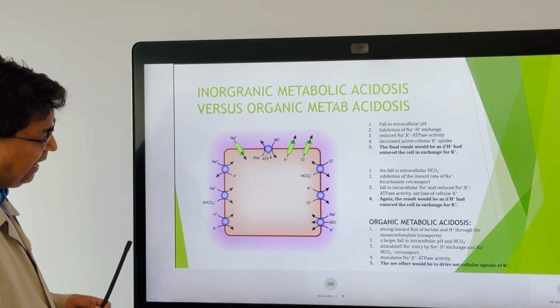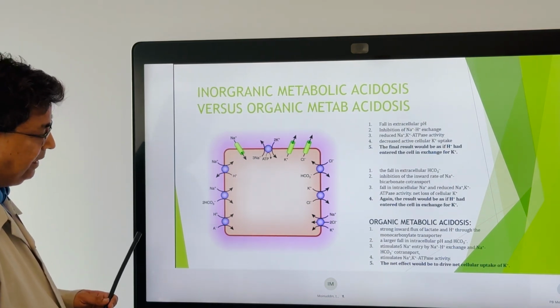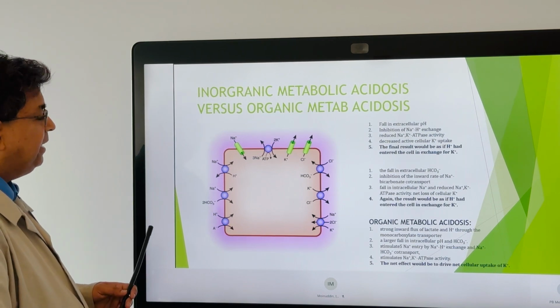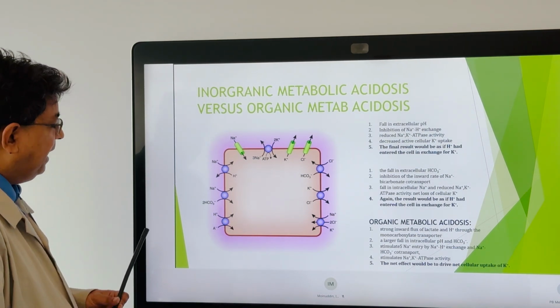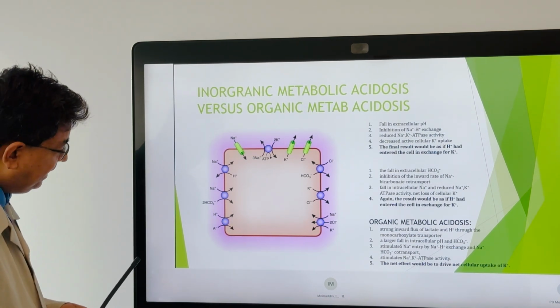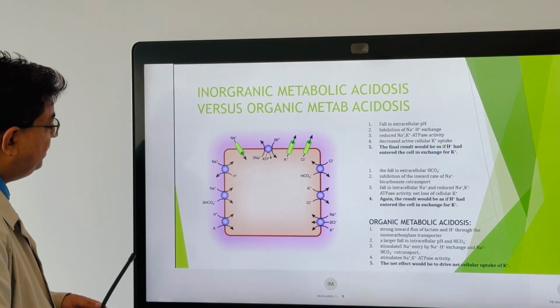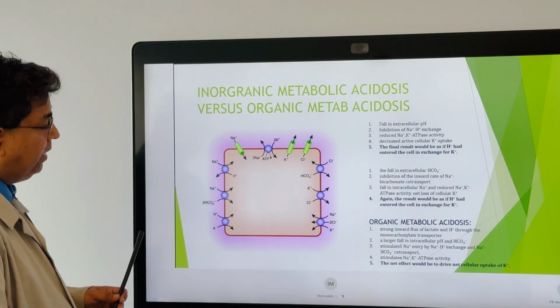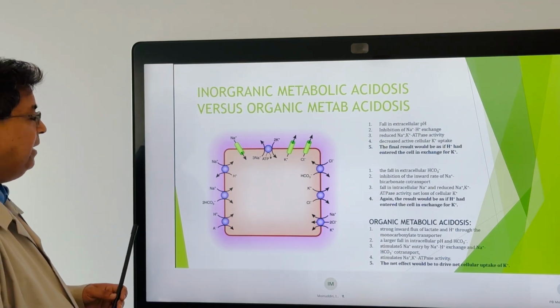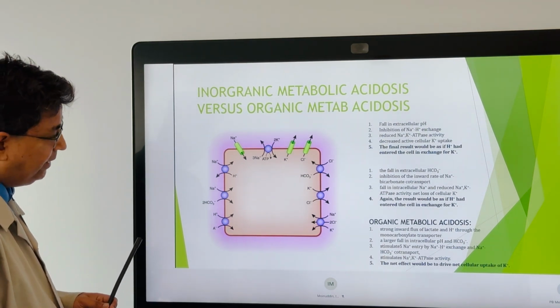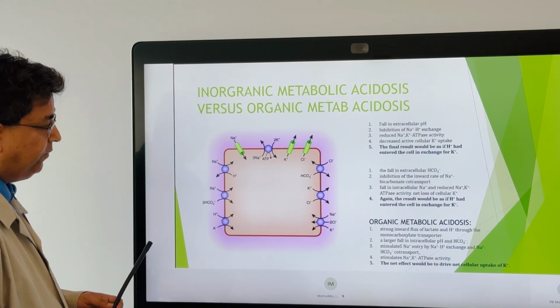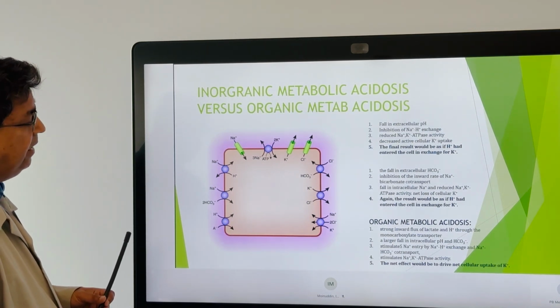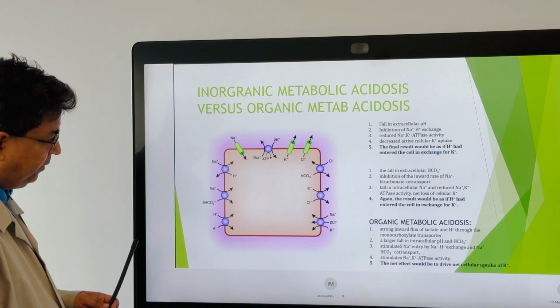Why doesn't this happen in organic metabolic acidosis? The quick answer is that the organic anion will travel along with the proton. So ultimately, there is no need for electroneutrality with transport of potassium. The details are as follows.